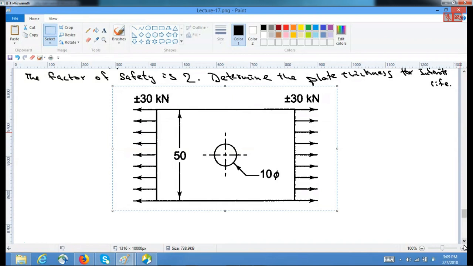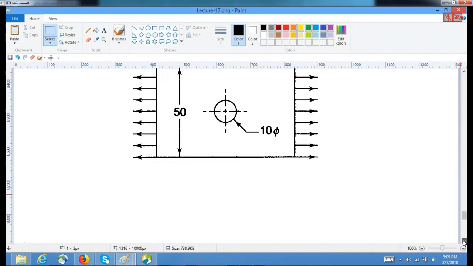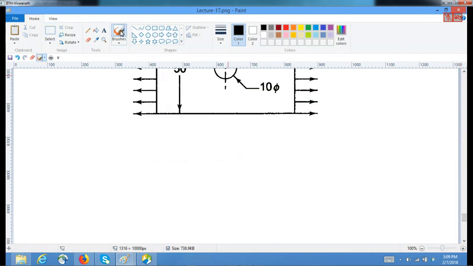So we know that P max is 30 kilonewton, P minimum is minus 30 kilonewton, and SUT is 440 Newton per mm square.